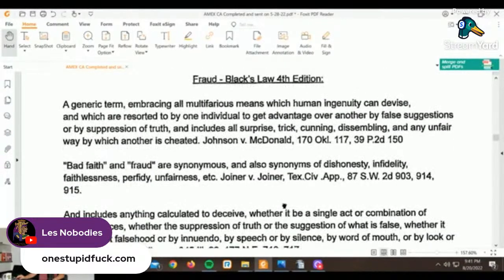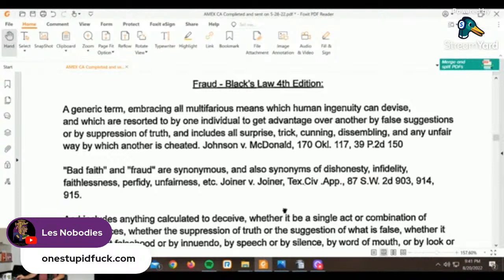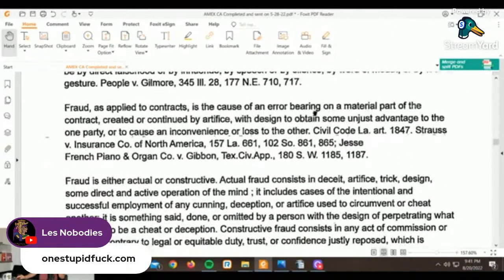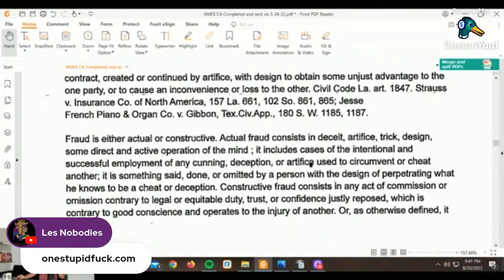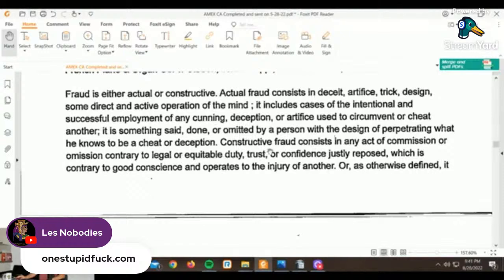So the whole point of this particular definition and why I put this in here is because a lot of the definitions of fraud do have this idea of intent, or they specifically say intent in them. So let me see if there's one that's non-intent. Yeah, it includes cases of the intentional and successful employment of any cunning, deception, or artifice used to circumvent or cheat another, with the design of perpetrating what he knows to be a cheat or deception.